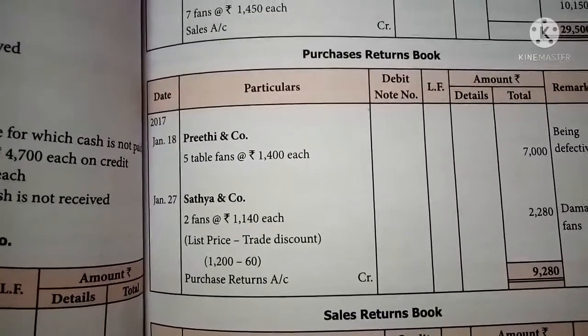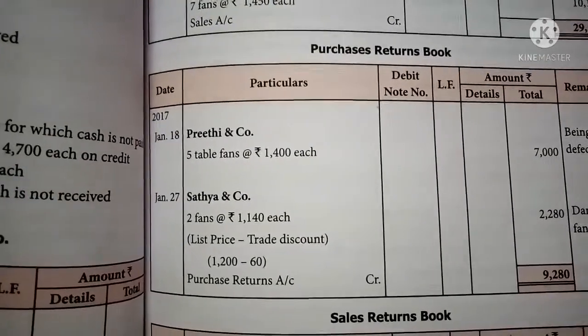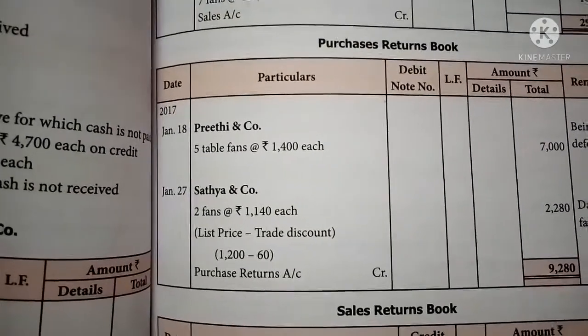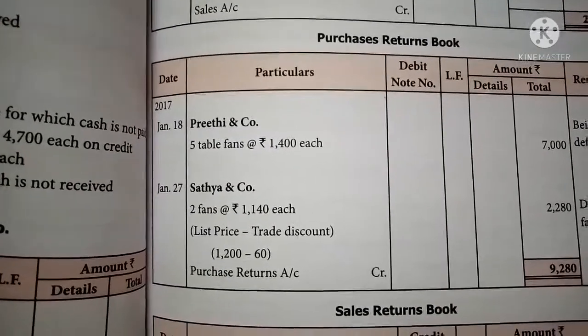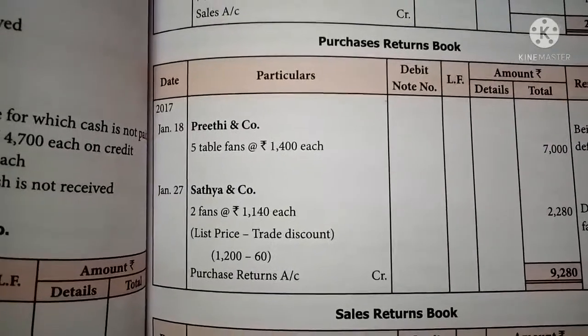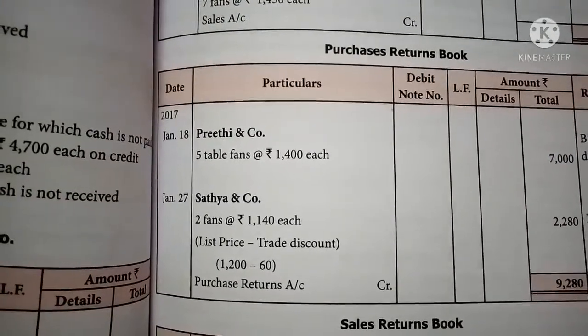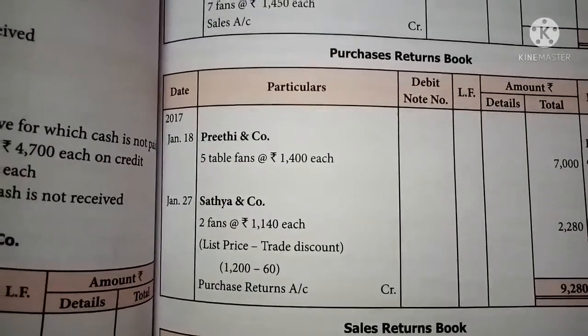Rate is 1,400 each. The amount is 7,000. Satya & Co., January 27, 2 fans. The rate is 1,200 and 5% discount is given, minus 60.